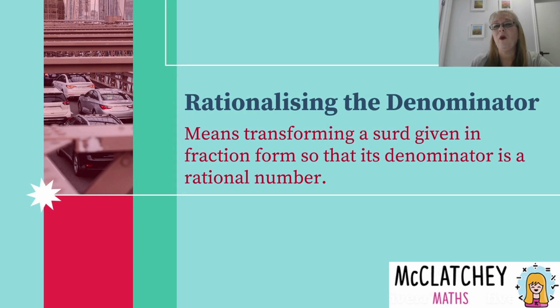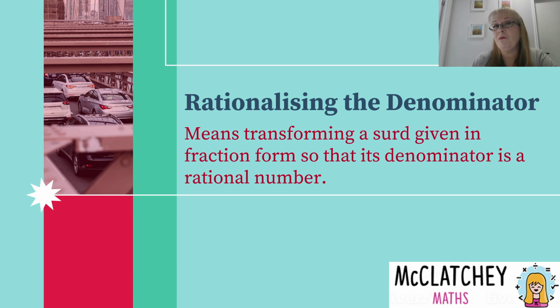Okay, let's talk about what rationalising the denominator means. It's a term you might not be familiar with. Well, remember, we've talked about rational numbers. A rational number is a number that can be converted into a fraction. So when we talk about rationalising a denominator, the denominator, which is the number on the bottom of a fraction, so we're talking about surds here that are fractions, the part that makes up the denominator needs to be turned into a rational number.